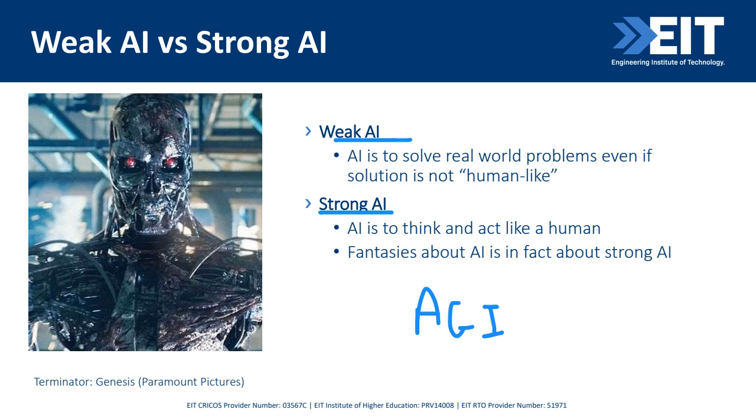Okay? Strong AI or artificial general intelligence is intelligence that is able to solve all problems humans can solve at least at the same level of humans.